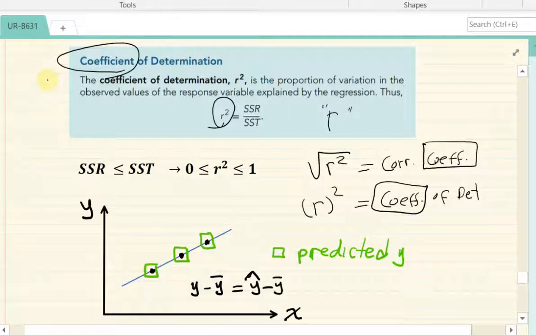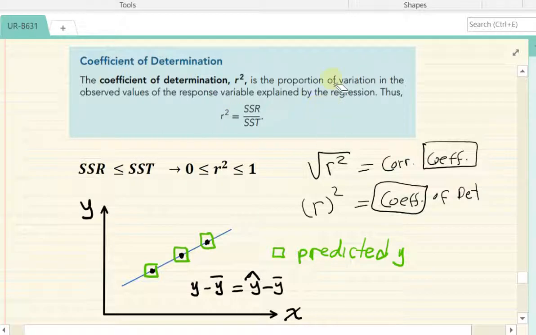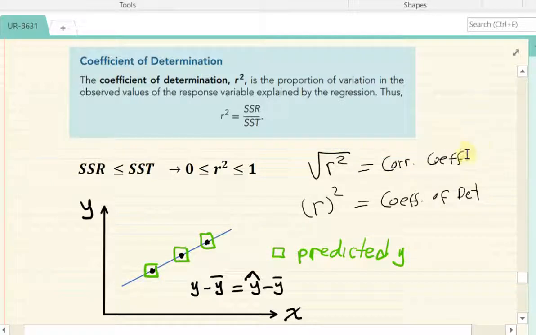Is that $0.7? Is that 0.7 square feet? Well, there are no units attached to it. It's just an index, like the Dow Jones Industrial Average. If Dow Jones is at 25,000, it doesn't mean it's $25,000. It's just an index. So the coefficient of determination is just a number, and the correlation coefficient is also just a number.